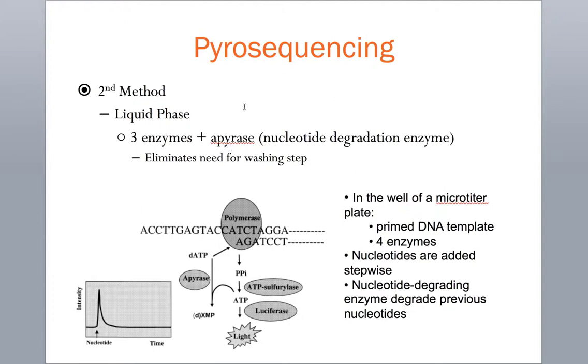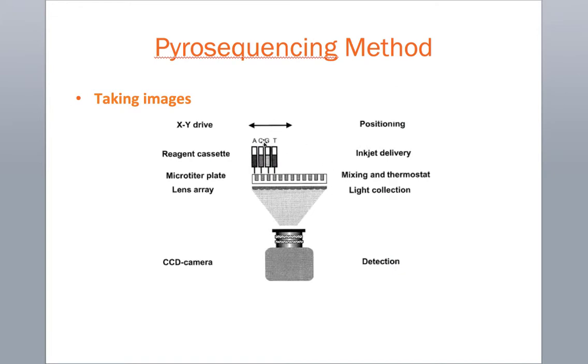You can eliminate the washing step. Of course, you need a camera. Remember, it reads every single polony, like we mentioned in the Illumina polony sequencing, after each step, whether it's an A, C, G, or T.